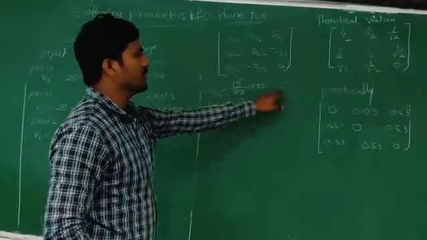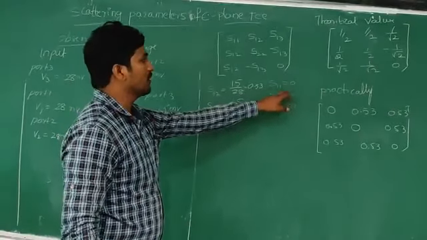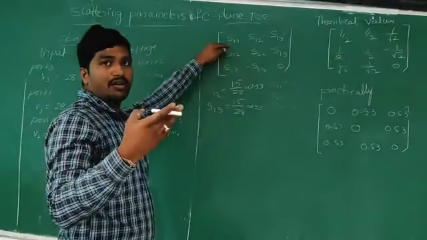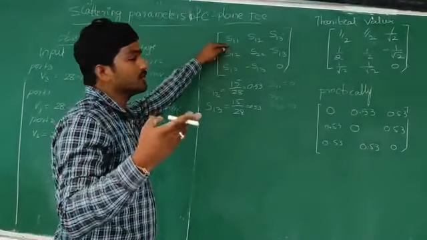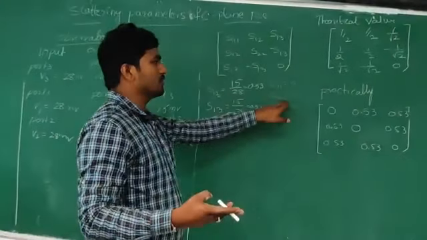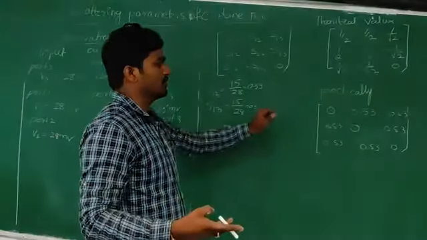Here S11 equals 0, because by connecting the input we can't take the output at the same port. So we take S11 equals 0, as well as S22 equals 0 and S33 equals 0.